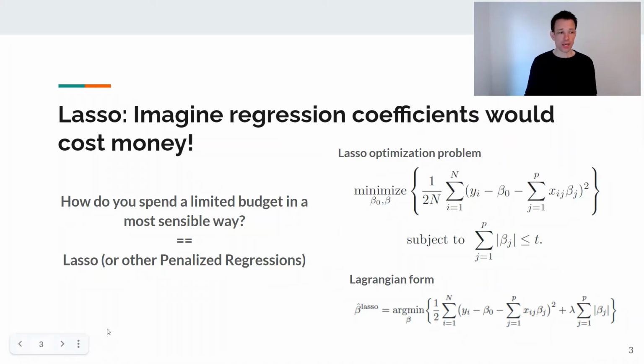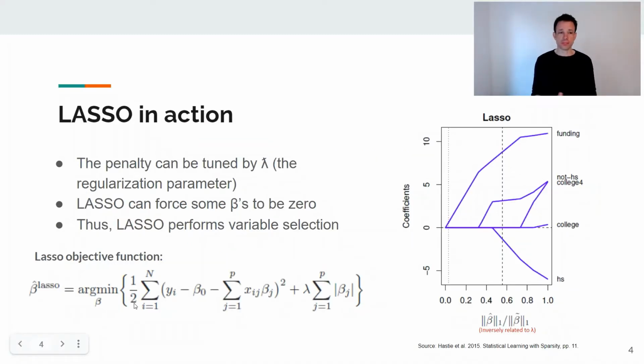Okay. So second thing, let's look at how this performs in action. So why is that useful for doing model selection? And to do so, it's important to understand the role of the tuning parameter lambda.